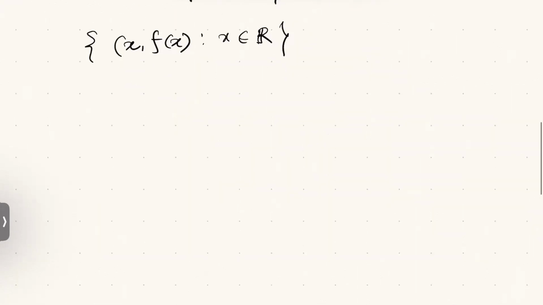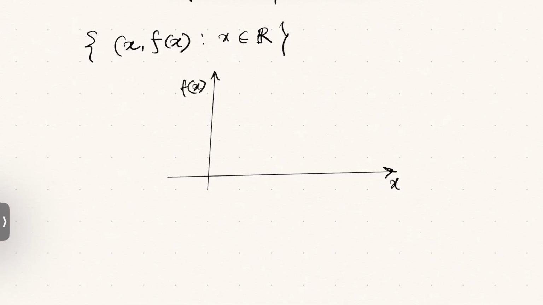And how do we see it? So I'm considering in this direction, this is x, and in this direction, this is f of x. Then the graph of this function is basically this.